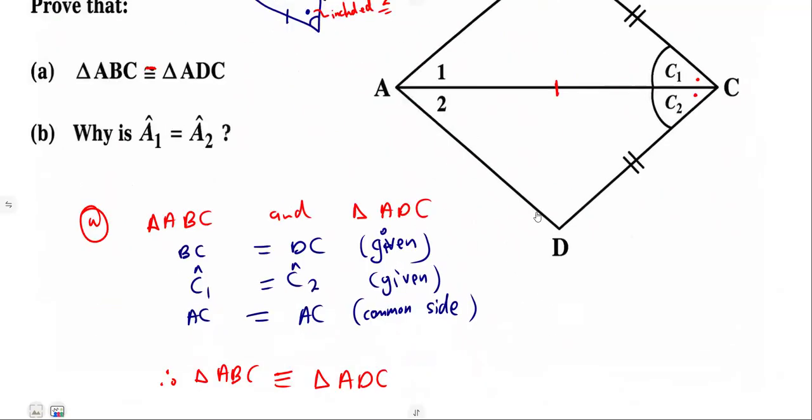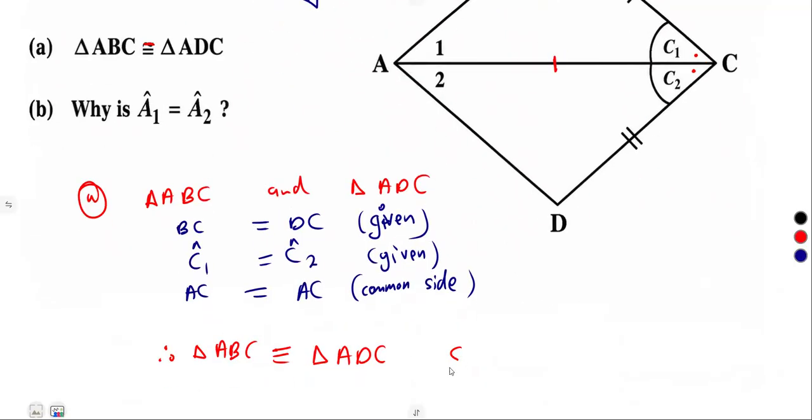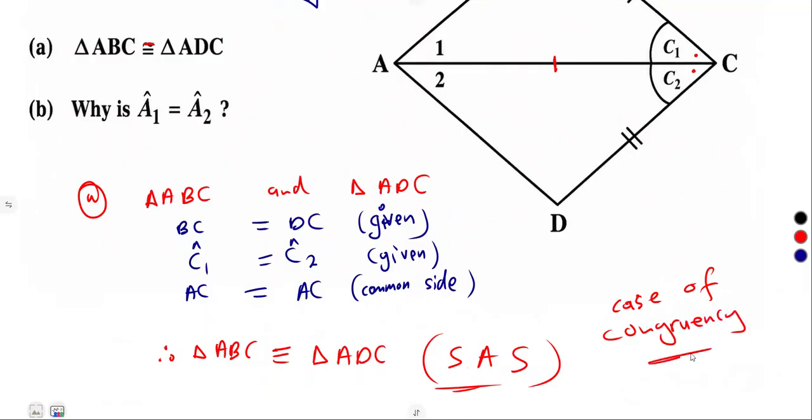By writing this, guys, we have given a reason, the case of congruence, that these two are congruent triangles.